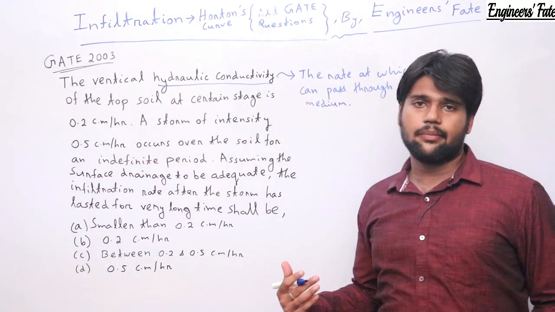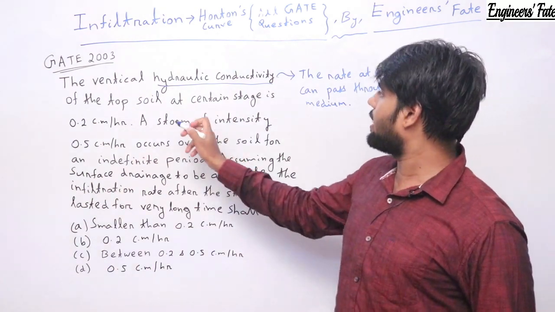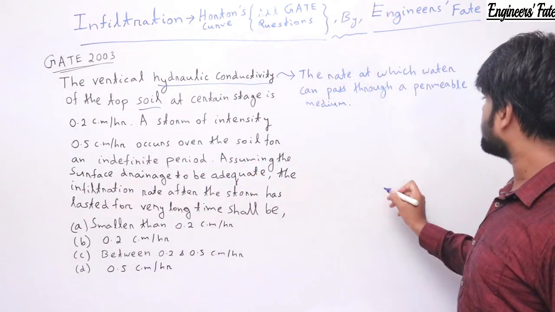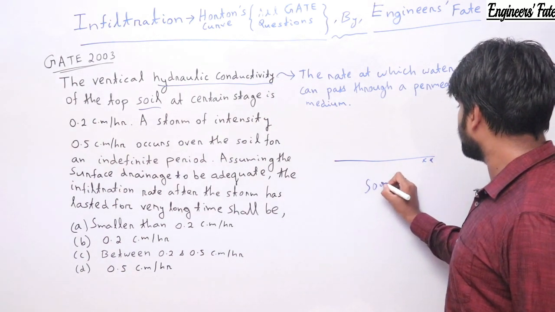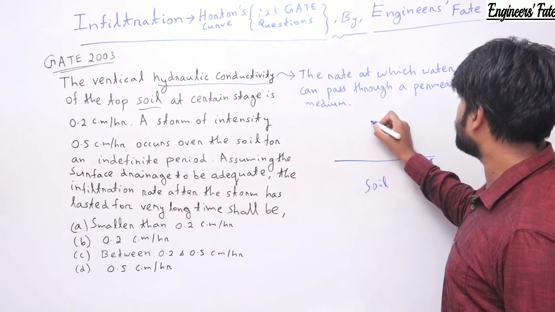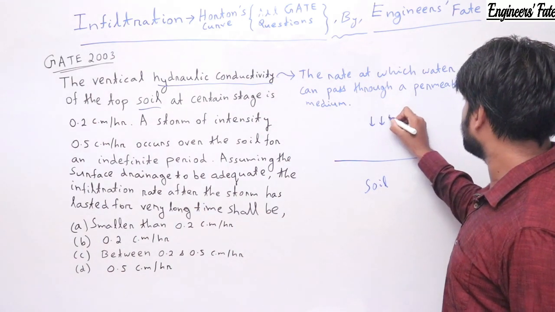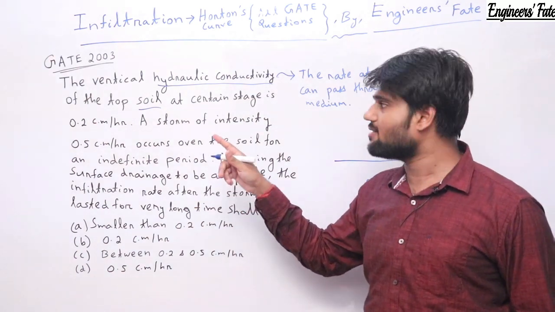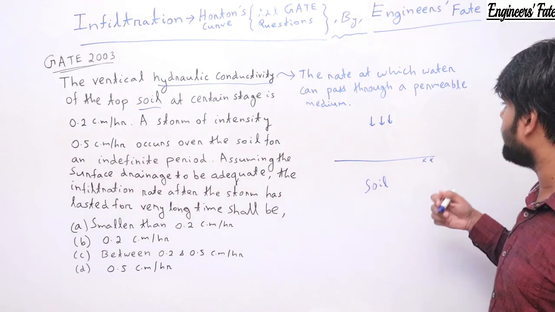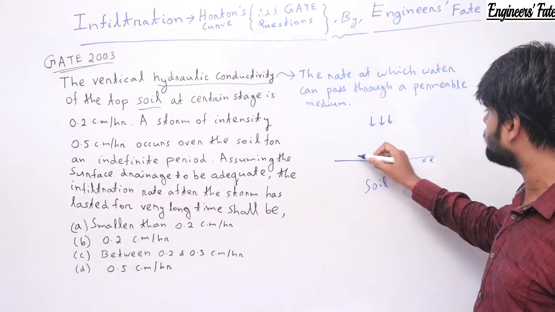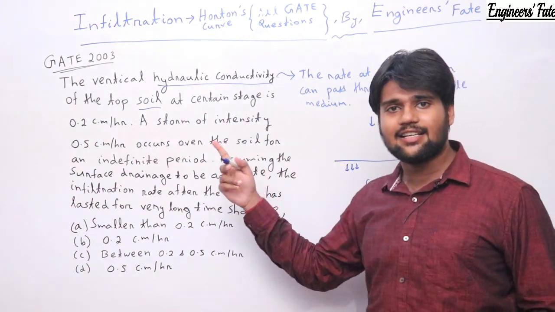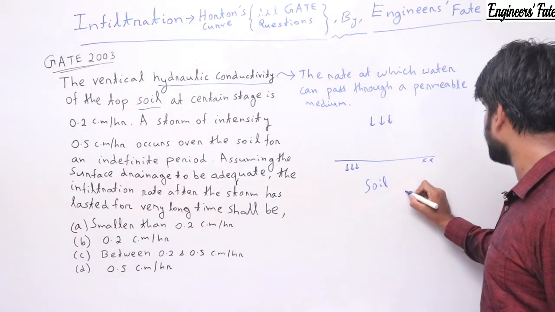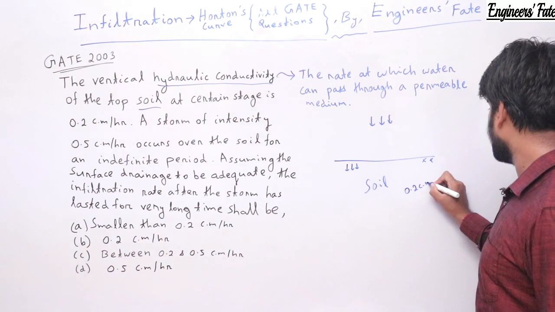So what is the permeable medium here? Of course he has given soil. Suppose this is my soil. Suppose the rainfall occurs. He has mentioned vertical hydraulic conductivity, means the rainwater will pass through vertically, and the rate he has given as 0.2 cm per hour.